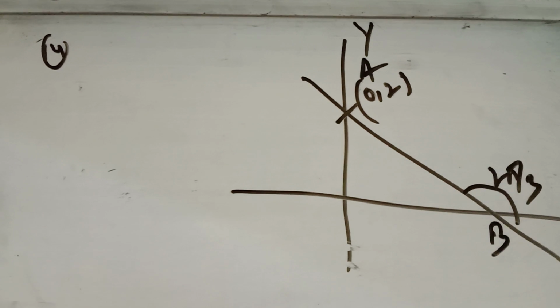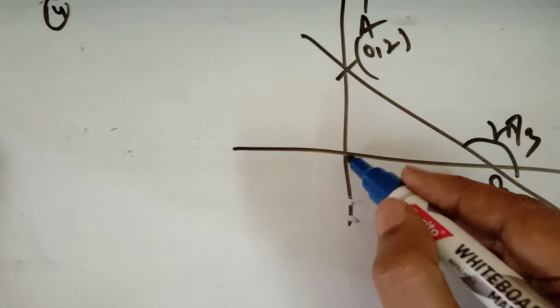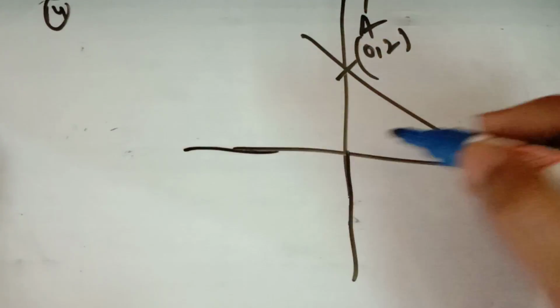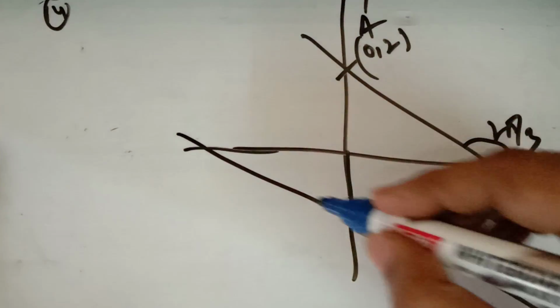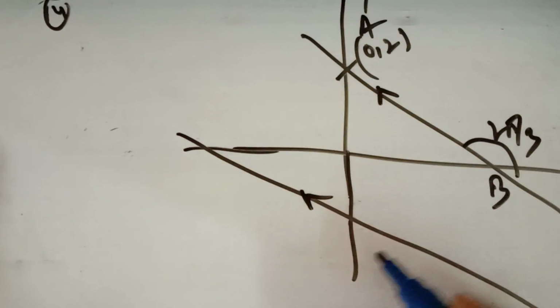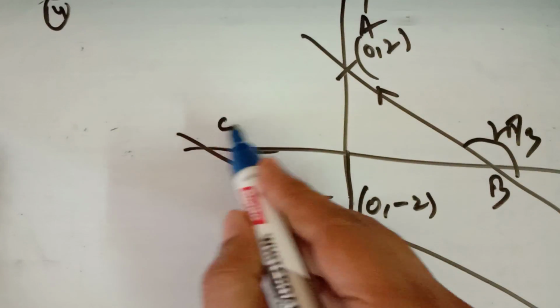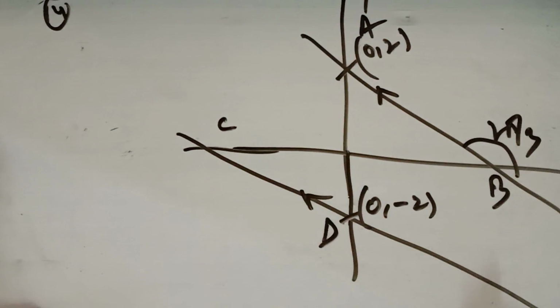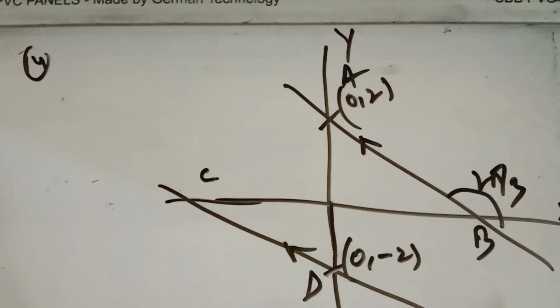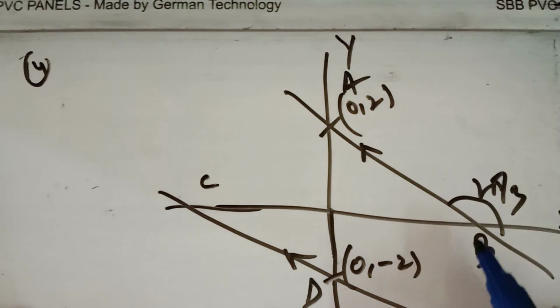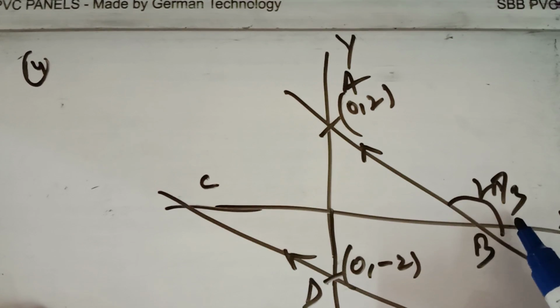Now you have to find the equation of another line which is parallel to this and crossing the y-axis below the origin, like this, parallel to this. You can draw a neat figure. It will be (0, minus 2). Let us call this line CD. First of all, you can find the equation of line AB passing through the point (0, 2) and having the angle of inclination 2 pi by 3.